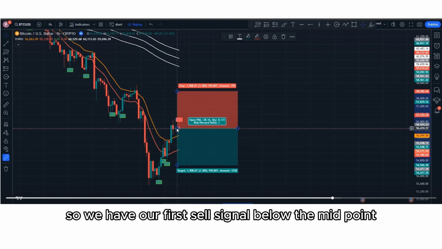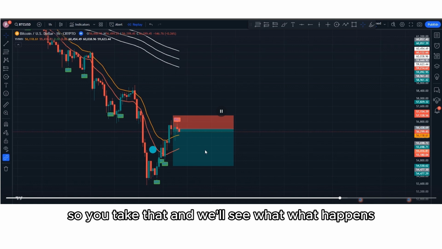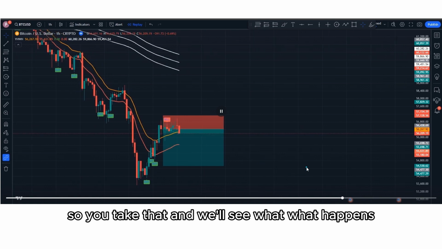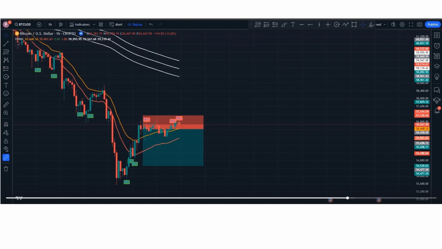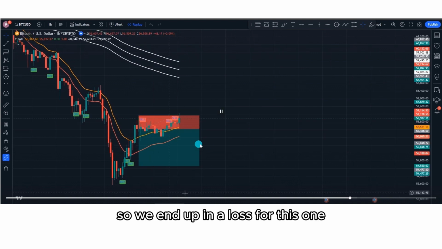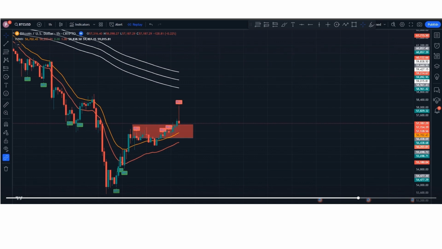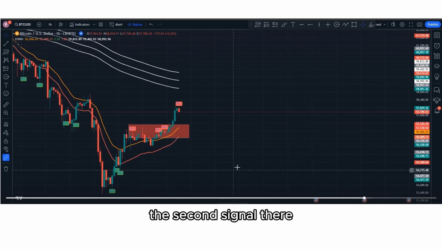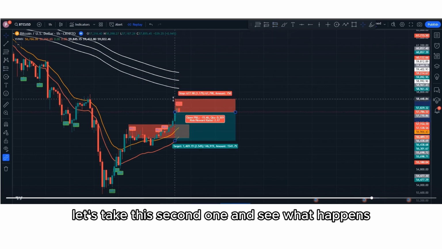So we have our first sell signal below the midpoint. You take that and we'll see what happens. We end up in a loss for this one. A second signal there. Let's take the second one and see what happens.